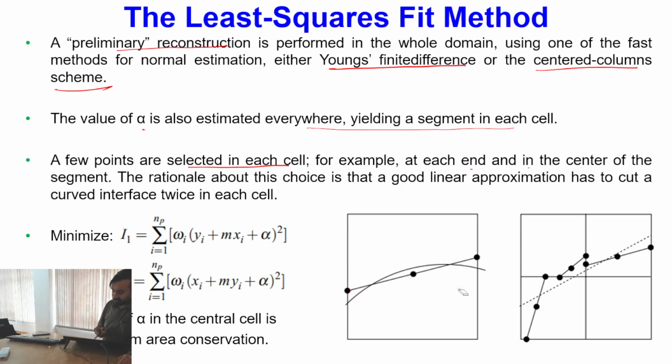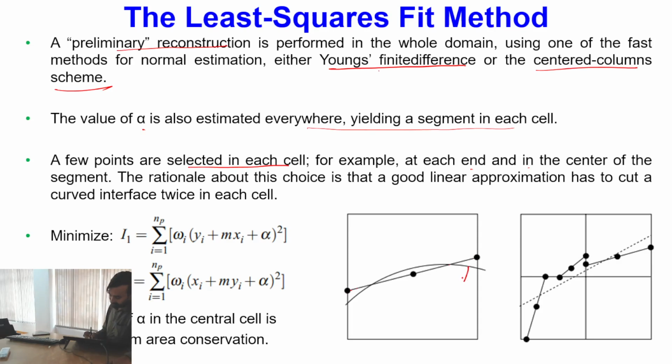If you have this type of curve, then whenever you approximate this using any of the methods, whether Young's finite difference or centered column difference method, you will be getting some line like this.